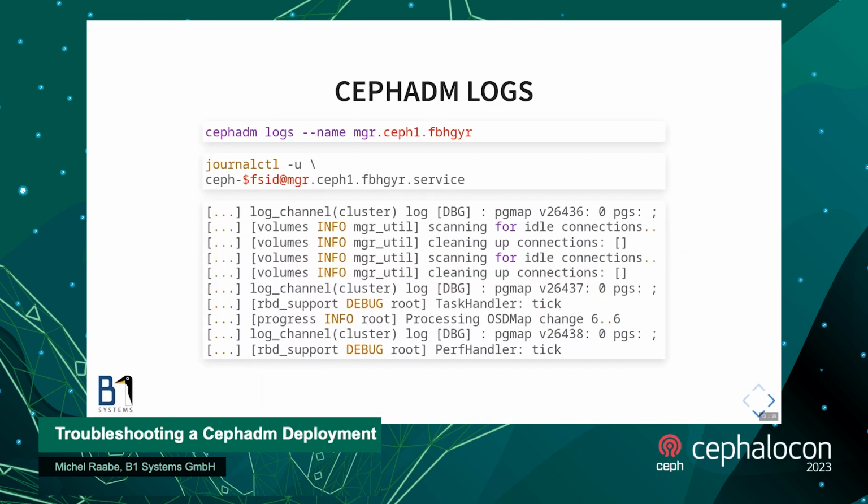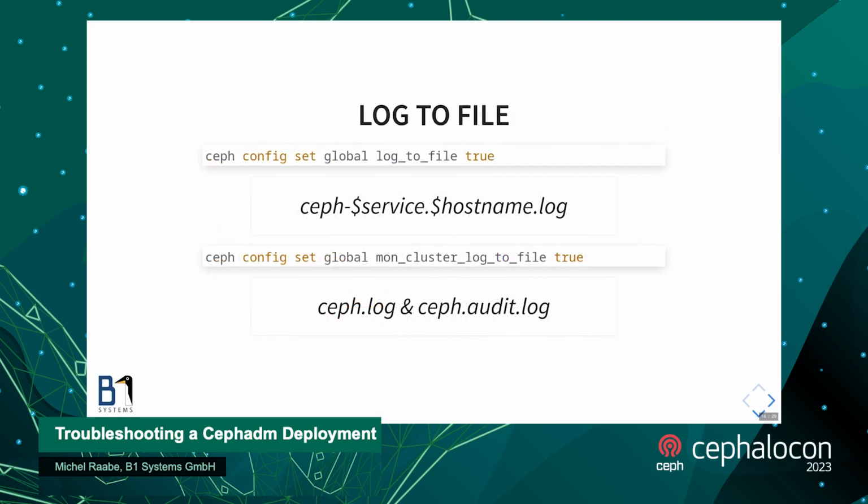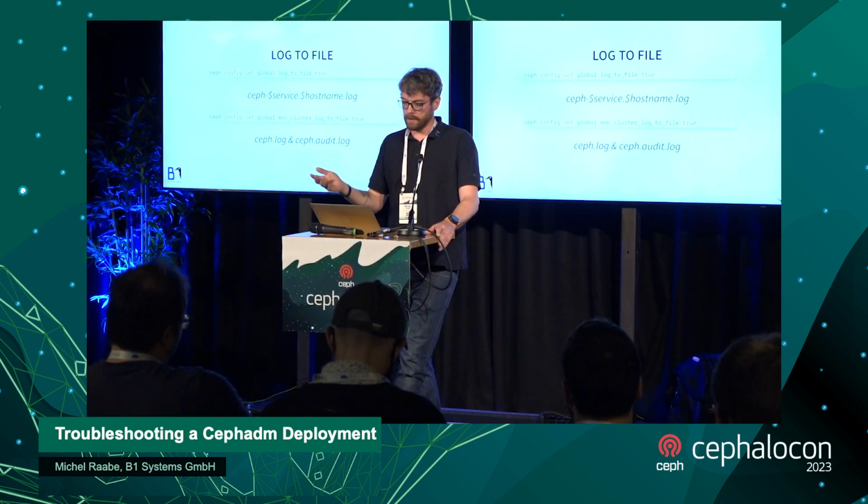Then, of course, we have the option to create log files. The default option is false, so you don't see log files in /var/log/ceph/UID and then the name. If you want to have log files, you have to set a parameter to true. The first one creates service log files for each service, for manager, for mon, for OSDs, for every service you spawn in the cluster.